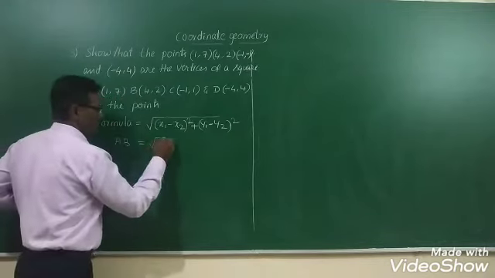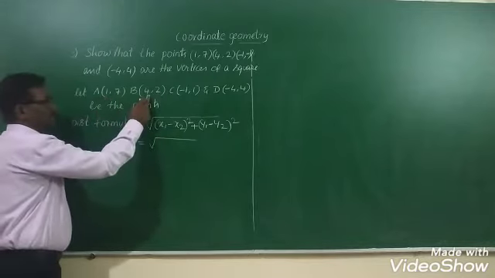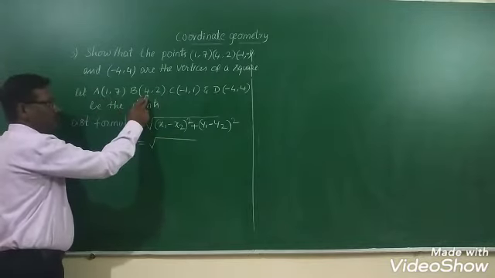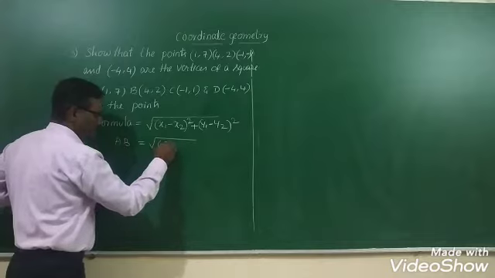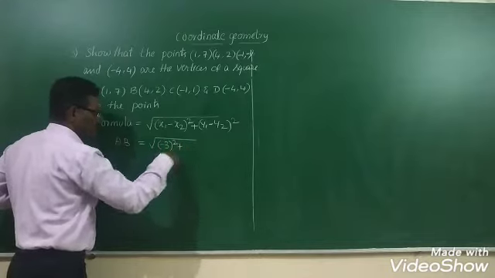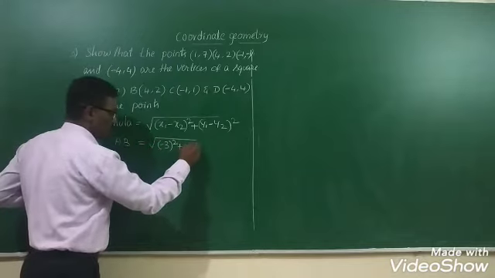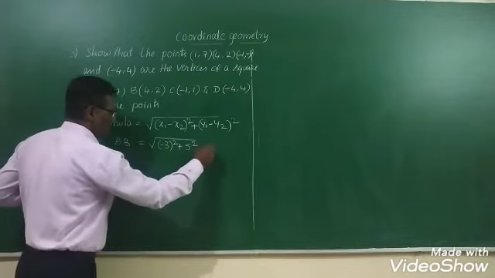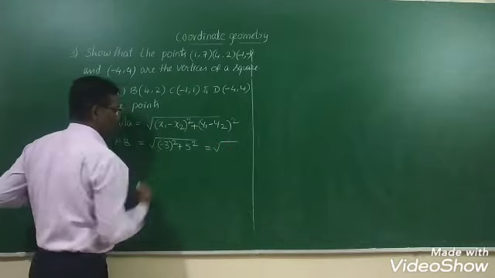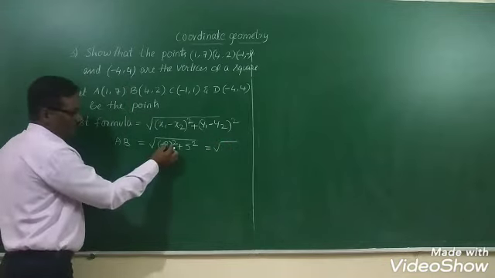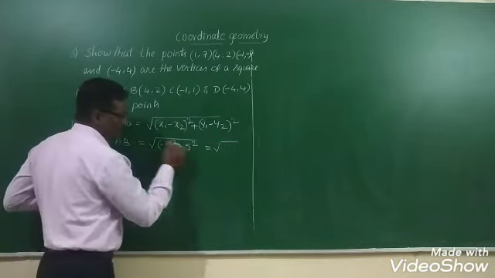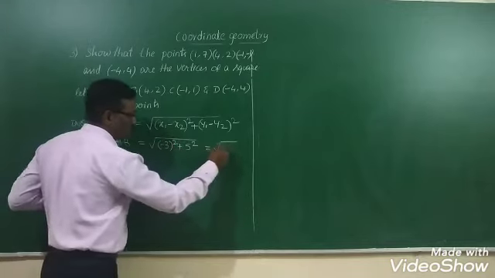According to this, x1 minus x2, 1 minus 4, minus 3 whole square, plus 7 minus 2 is 5, that is 5 square. Therefore, we get root of minus 3 whole square is 9, 5 square is 25, 25 plus 9 is 34.